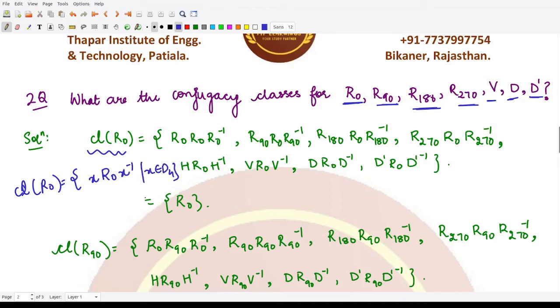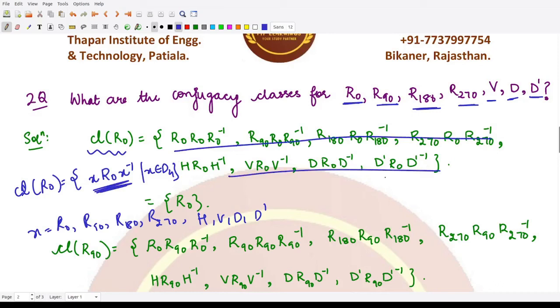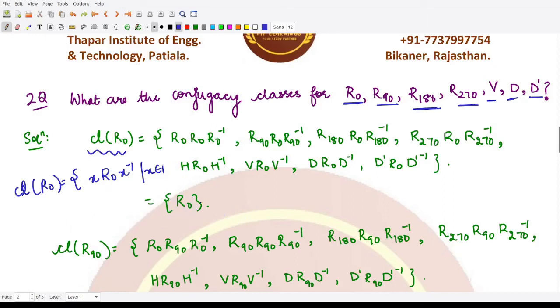So that means we will be taking X as again R0, R90, R180, R270, right? And H, V, D and D dash, and then we will solve this expression. So you have all these 8 entries here. After solving these 8 entries, the answer that you will be getting each time would be R0 only. So you see, in the conjugacy class of R0, we only have R0 as our answer, right? So R0 is conjugate to itself.